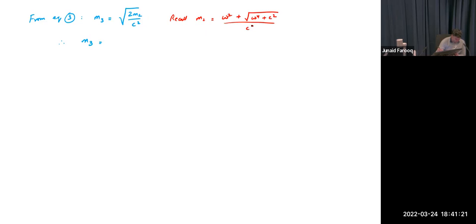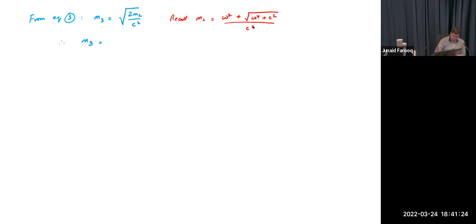So from equation 3, M3 will be the square root of 2M2 over C squared. So therefore, if you leverage your previous M2, which was M2 is actually omega squared plus omega 4 plus c squared divided by c squared.